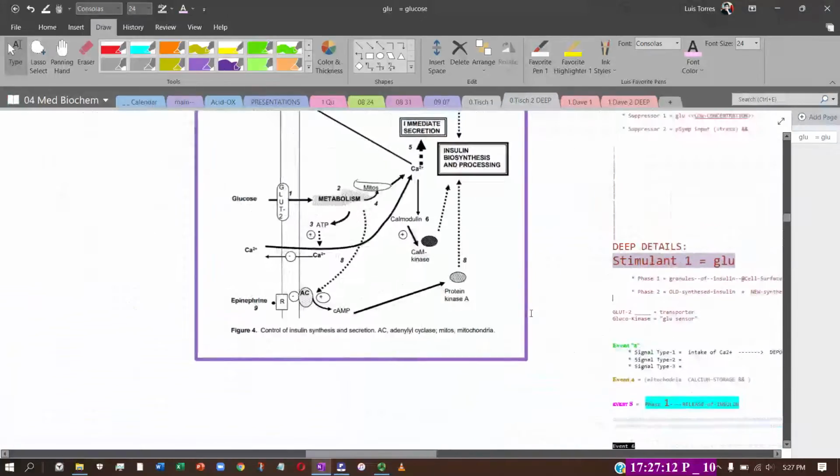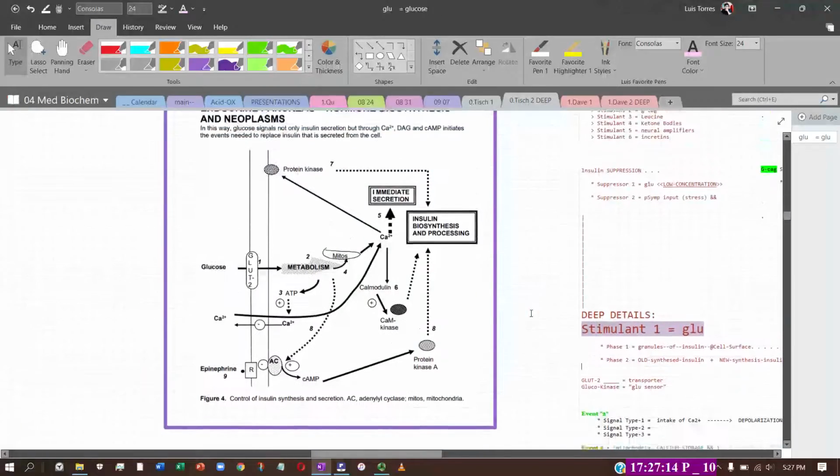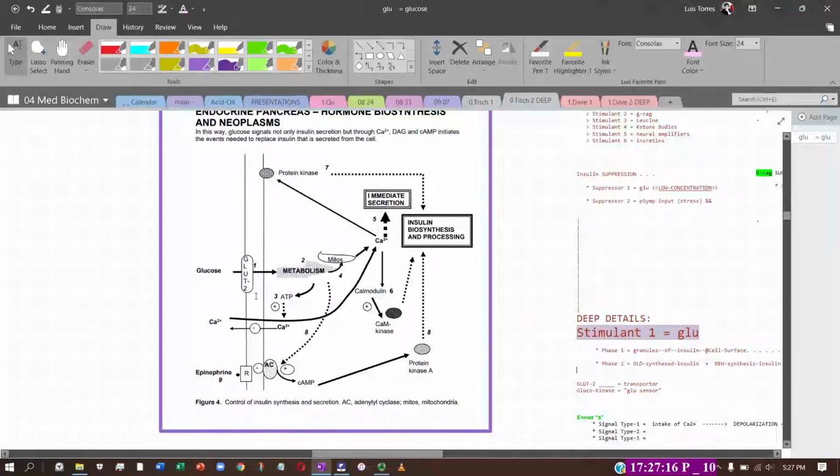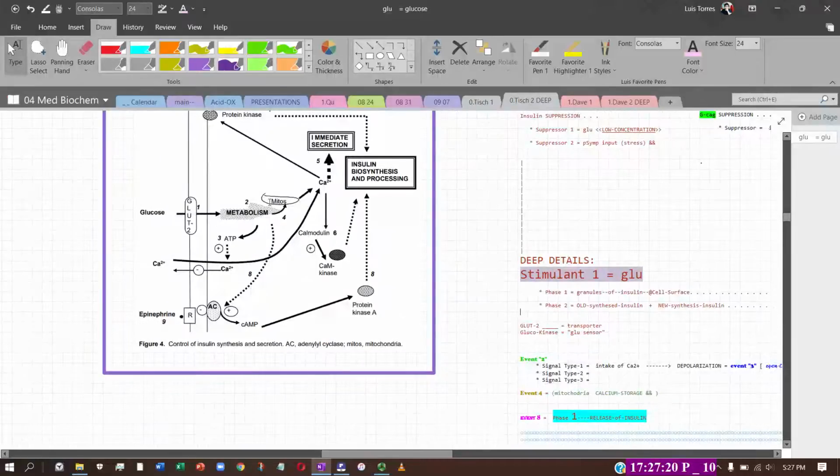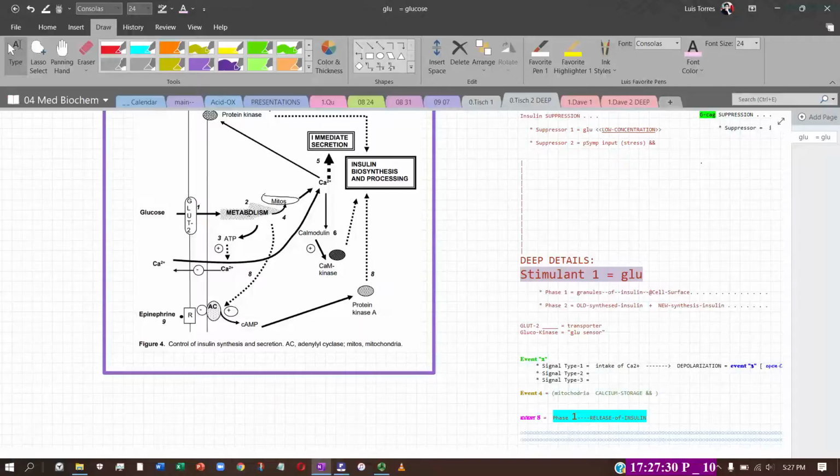That's in reference to event 1 right here, although it's not labeled. Metabolism is just this gray blob because there are all those details from week 2 involved here: glycolysis, the citric acid cycle, etc., and all of the byproducts from that.